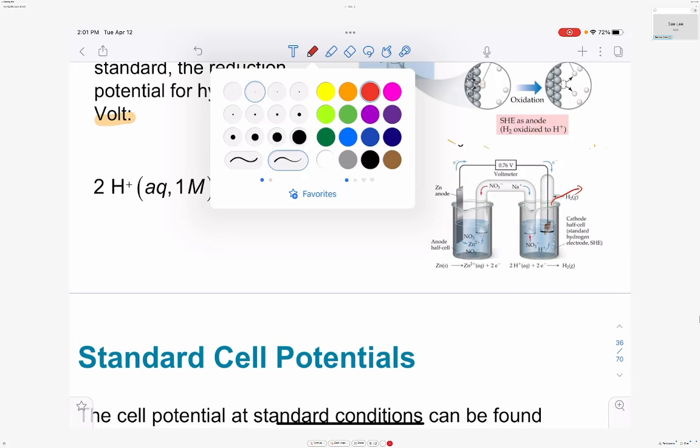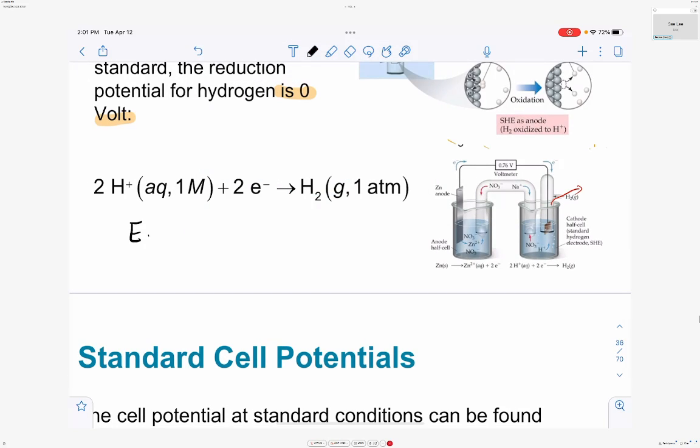This tells us that the cell potential is positive 0.76. Since we know that the reduction potential of hydrogen is given a value of 0 volt, we use the cell potential value of positive 0.76 and the reduction potential of hydrogen, a proton, which is 0, right?